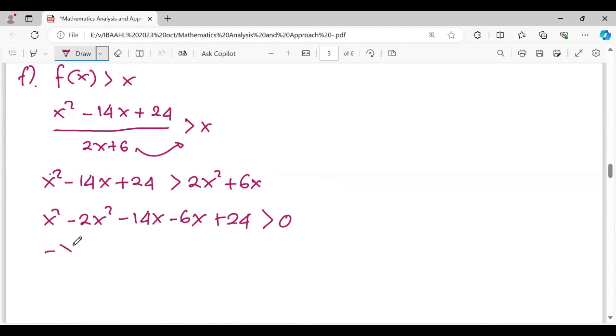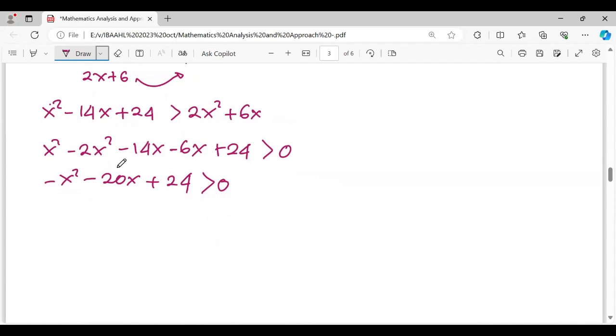So it becomes minus x squared minus 20x plus 24. So I'm going to identify that a equals minus 1, b equals minus 20, c equals 24.